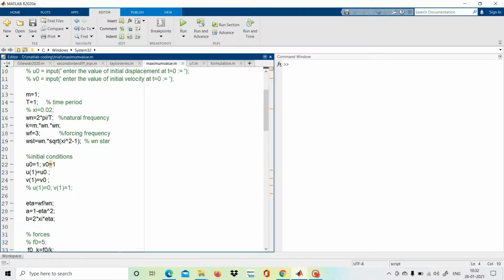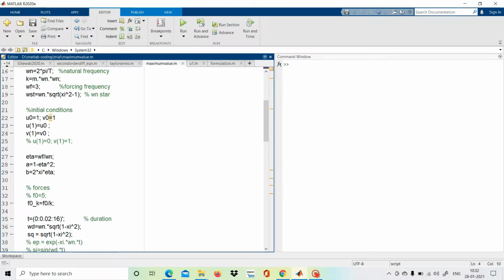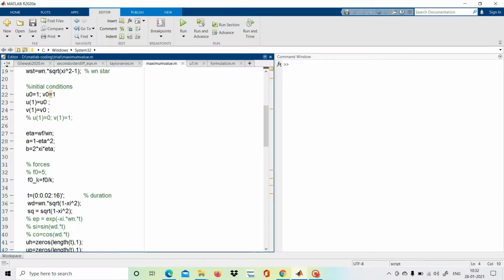Now eta we have considered as the forcing frequency omega f by omega n, and for simplification we have taken a constant a equals 1 minus eta square, to write the formula in a short way, and b is 2 into xi into eta, and f naught underscore k is f naught by k.